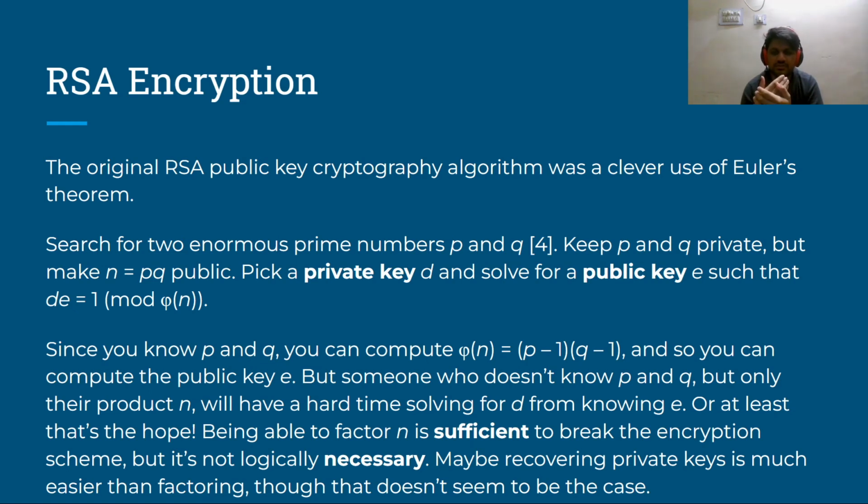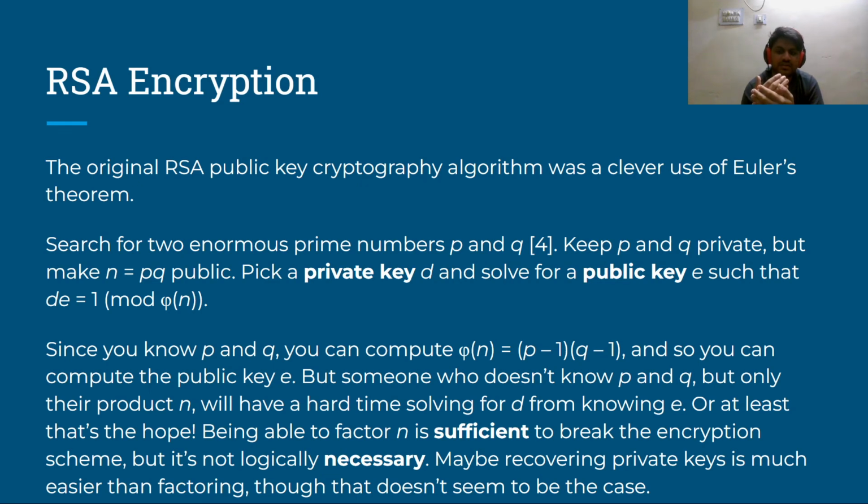But someone who does not know p and q, but only their product n, would have a hard time solving for d from knowing e, or at least that's the hope. Being able to factor n is sufficient to break the encryption scheme, but it is not logically necessary.